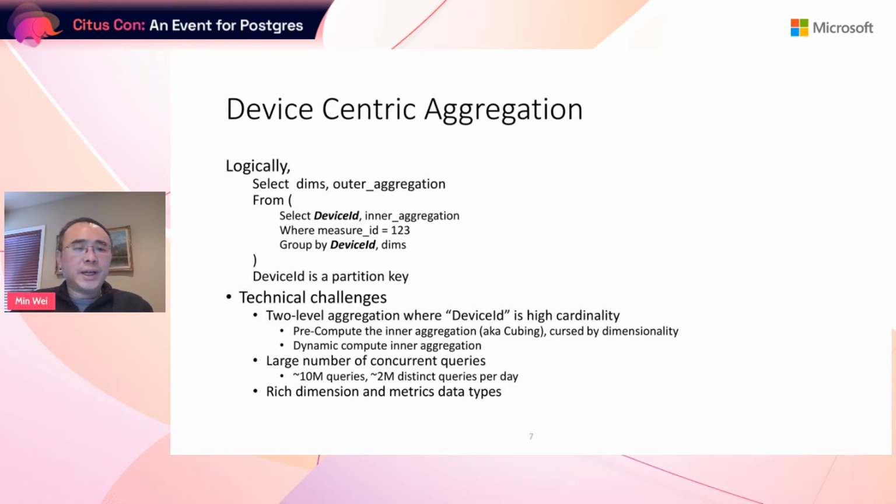As you can see, we are doing two-level aggregations. There's one inner query where we group by the device ID and a set of other dimensions, and then we calculate the aggregates across the device ID. So as you can see, the device ID is quite essential in this calculation, right?